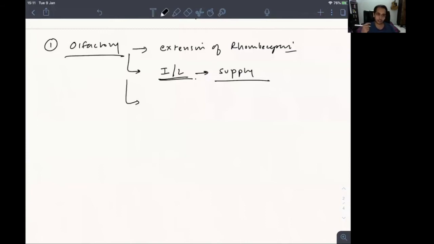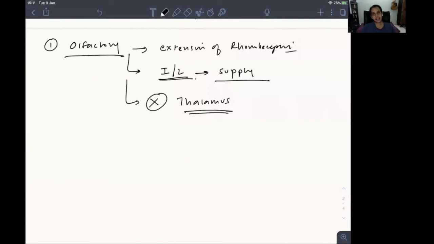Another differentiating factor is that your olfactory nerve does not go through thalamus. Now, I've referred to this multiple times before, how thalamus is like a traffic cop, and all the sensations that the thalamus gets, it is responsible for guiding each sensation into its appropriate area. But the olfactory nerve does not go through the thalamus.